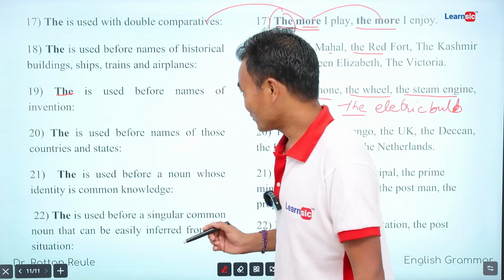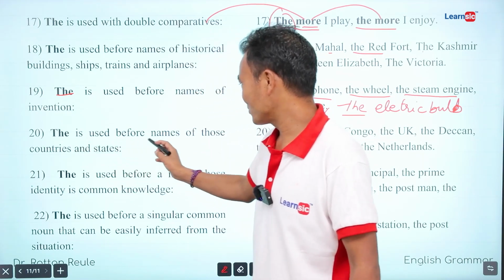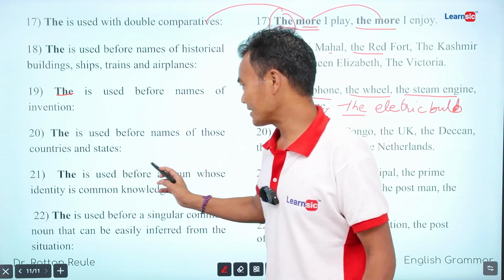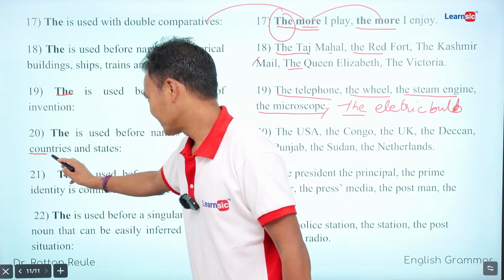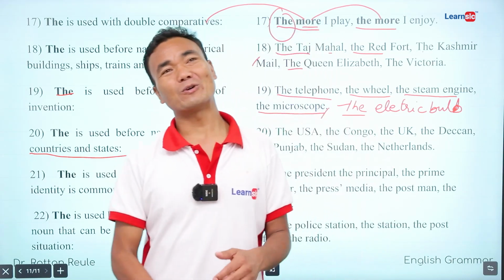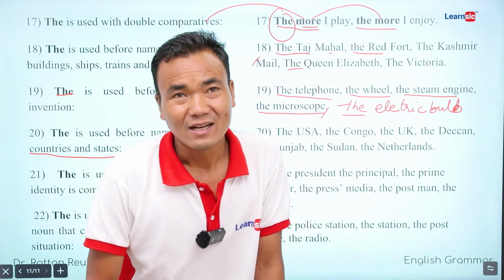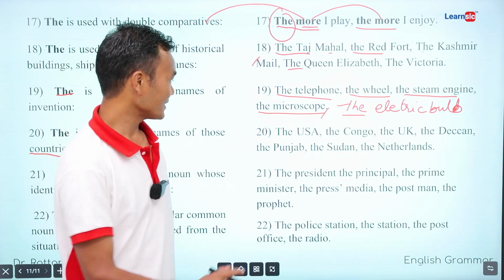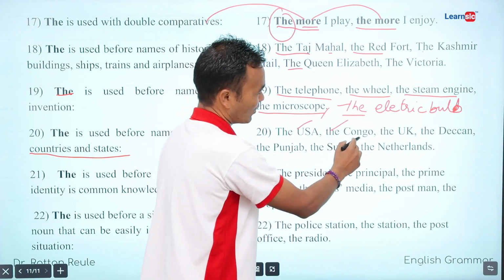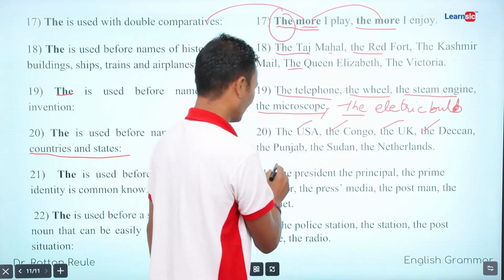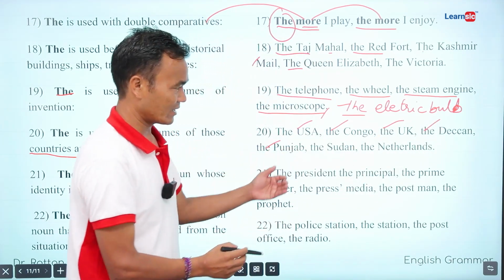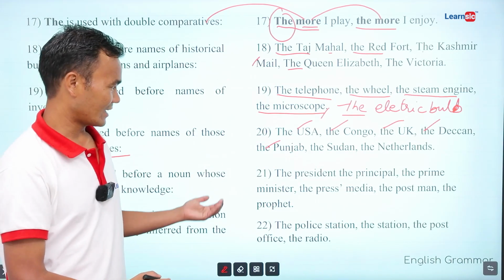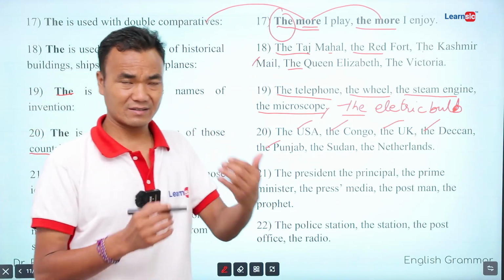And another beautiful thing is that "the" is used before names of certain countries and states. Nowadays, most of us want to go to the States, meaning America, USA. So the USA, the Congo, the UK, the Deccan, the Punjab, the Sudan, the Netherlands. In that case, we use the article with those.